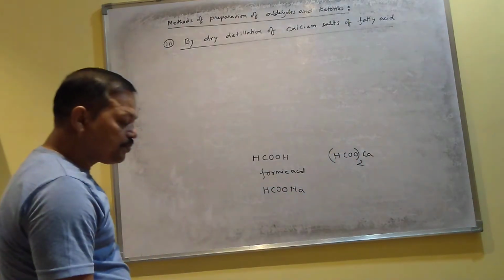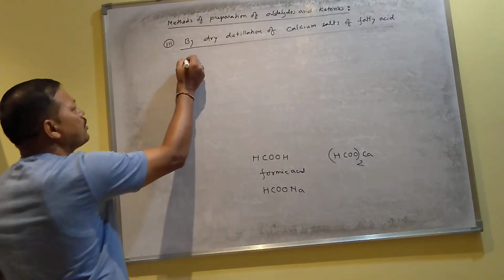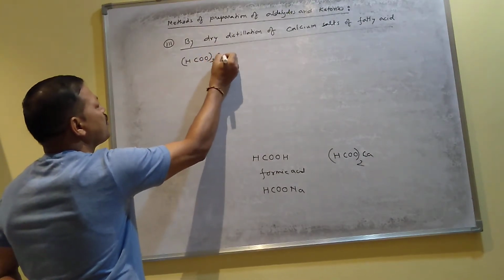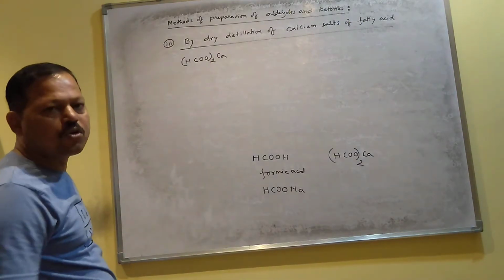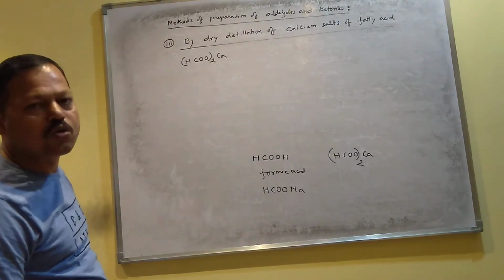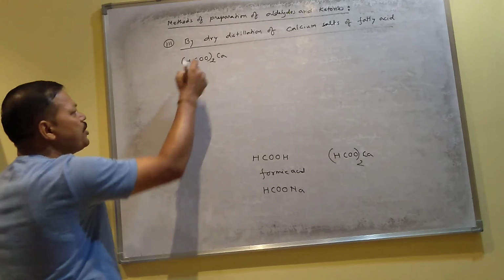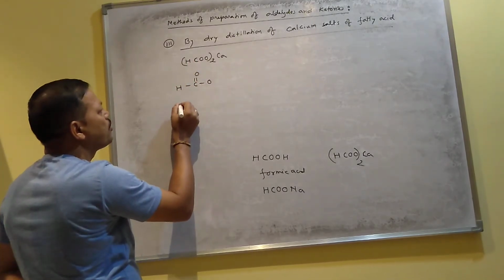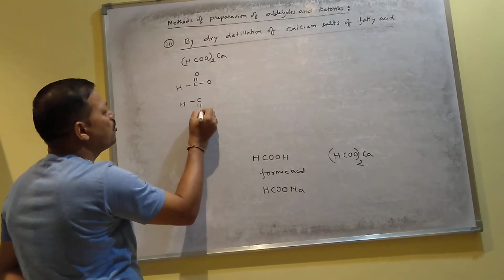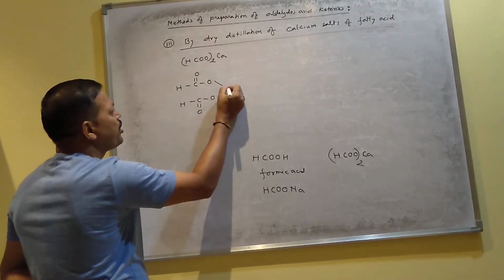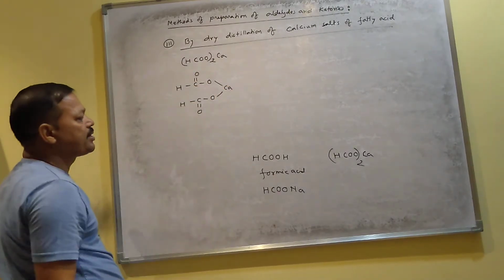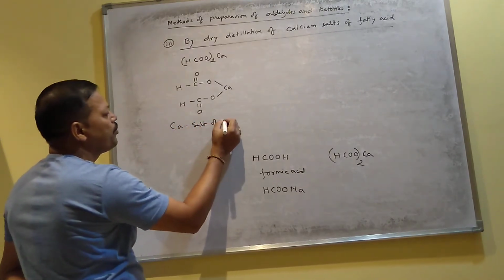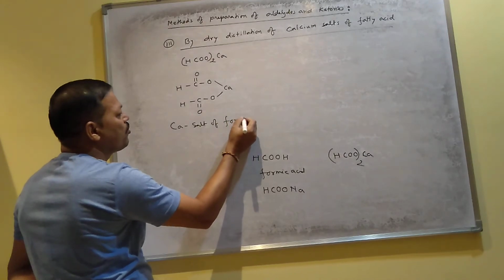Now we will take this one, which is called calcium salt of formic acid or calcium salt of methanoic acid. Actually its structure is like this, HCOO, which are bonded with calcium. Its structure is like this, and this is called calcium salt of methanoic acid or formic acid.